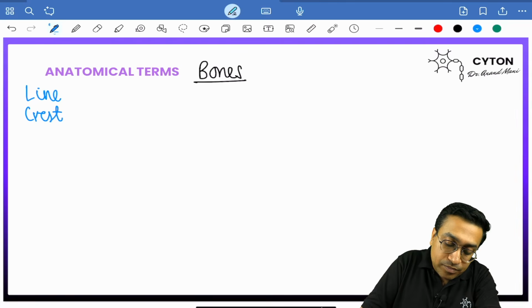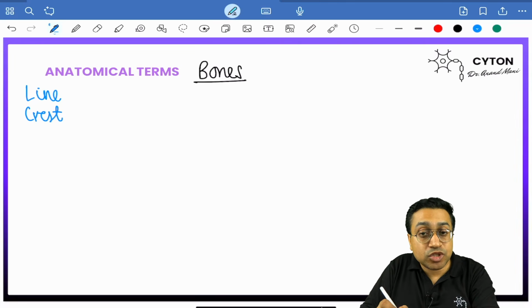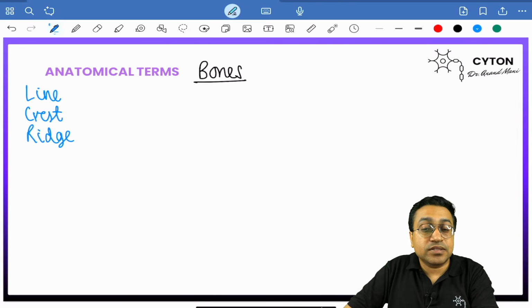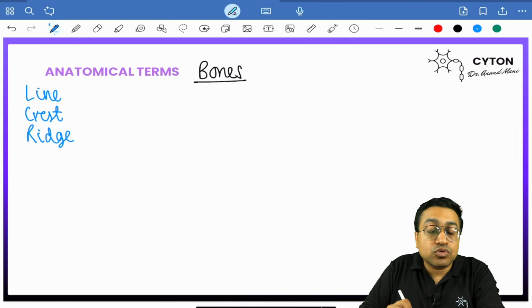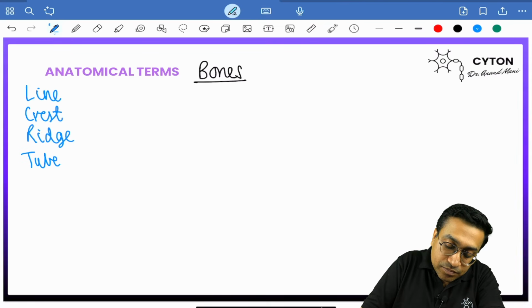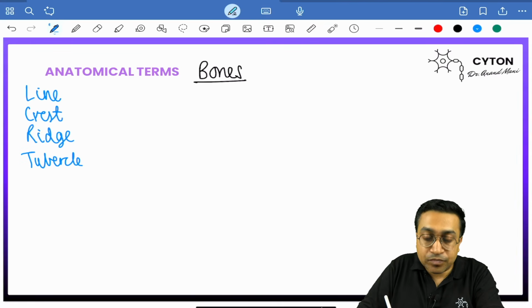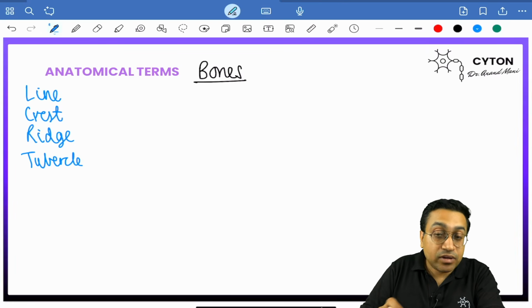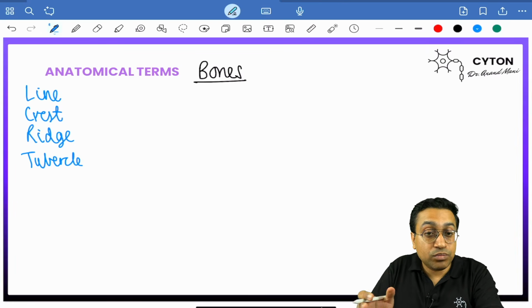Crest, that is sharp ridge or border. Example, iliac crest. Ridge, classical linear raised border, example supracondylar ridge of humerus. Then tubercles, slight rounded elevations, example greater or lesser tubercles of the humerus.